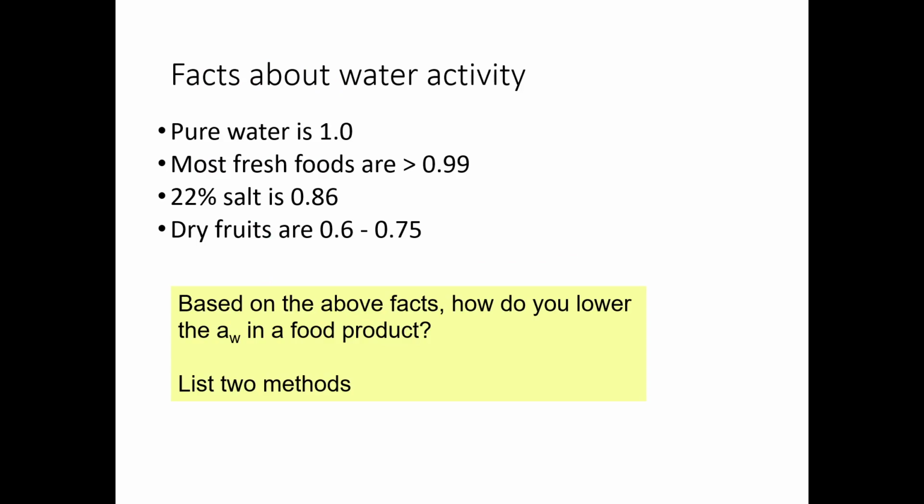Pure water is 1, and anything lower than that means there's less water available inside that food product. Based off this, we know that salt has a lower water activity, and dry fruits have a lower one too. So just by drying your food and adding salt to it, you can decrease the water activity.